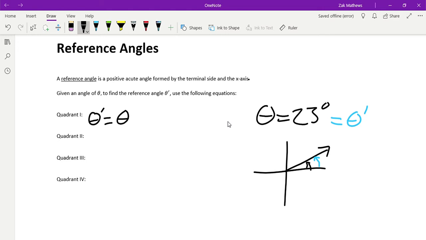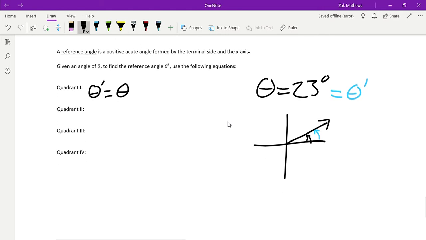Now I should note that if we had an angle of, say, 383, this is a coterminal angle to the 23 degrees. It's a full rotation, a full 360, plus 23 more. Well, the reference angle there would be 23 degrees. So when we say that these reference angles are equal to the initial angles, it does have to be less than a single rotation.